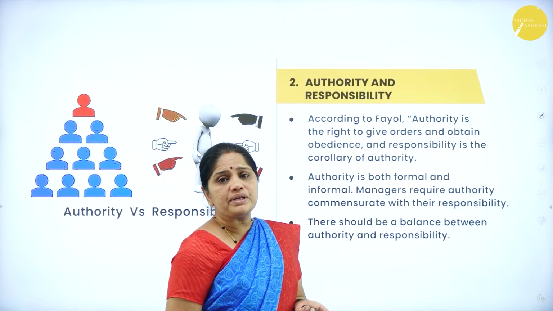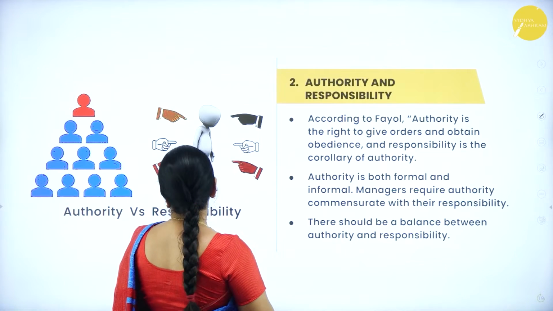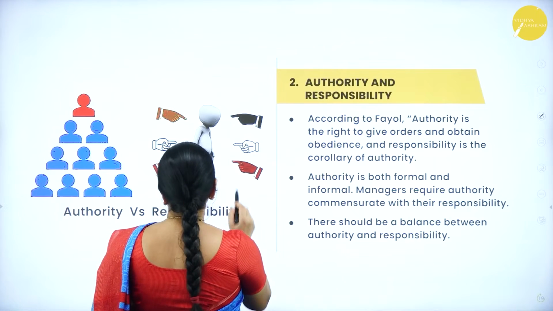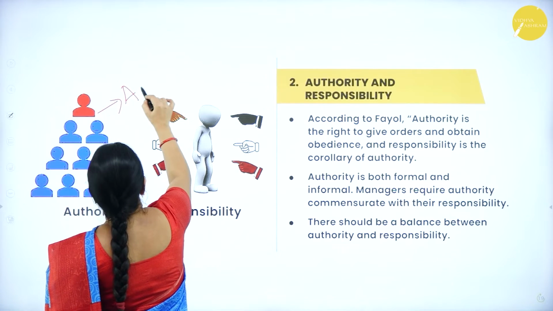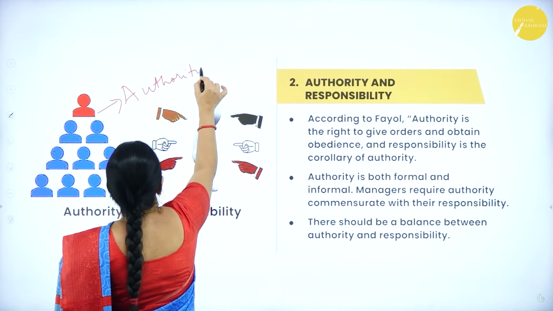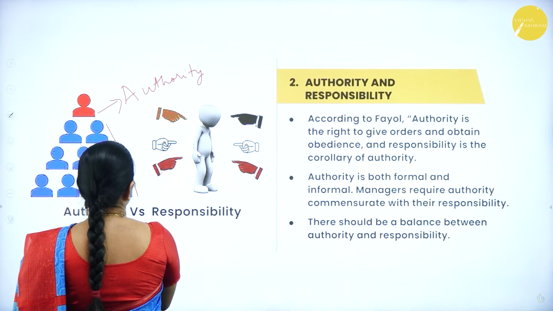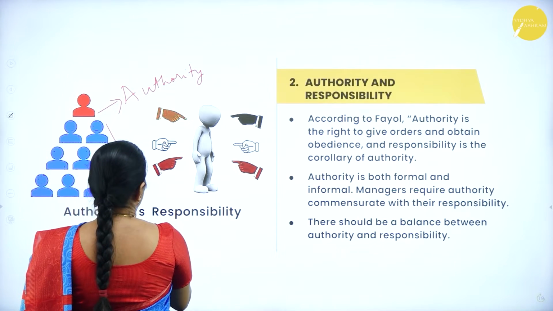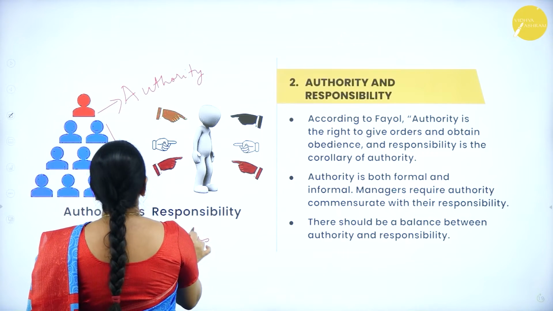Next important principle propounded by Henry Fayol is authority and responsibility. If you can see here, he is the person in authority. So he is authorized, or he is the authority, and all these are the subordinates. So they are the subordinates and they take orders from this person.